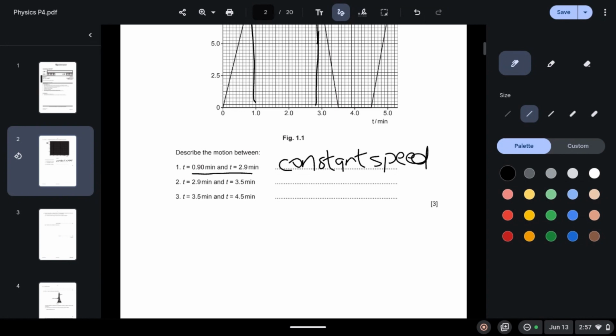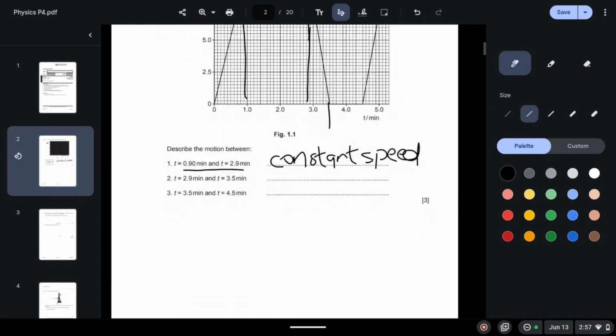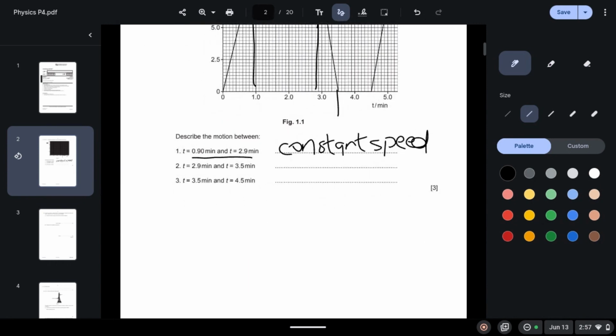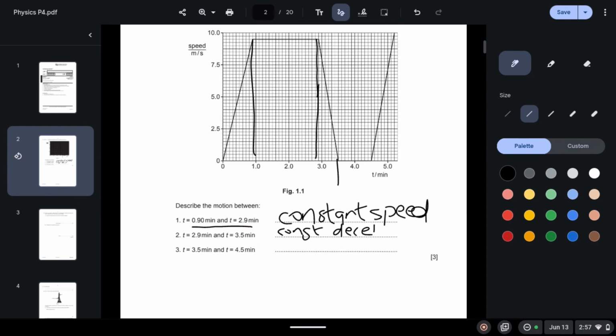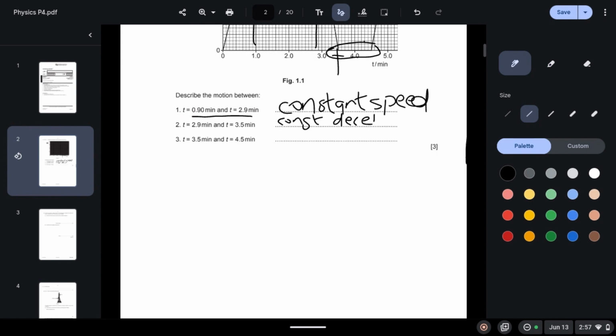From 2.9 till 3.5, so from this point till this point, we can see that we have a constant decrease in speed. This is also called constant deceleration. From 3.5 till 4.5, this region, we can clearly see that the speed is 0, which means that the object is stationary.